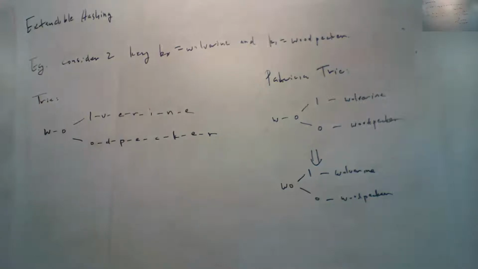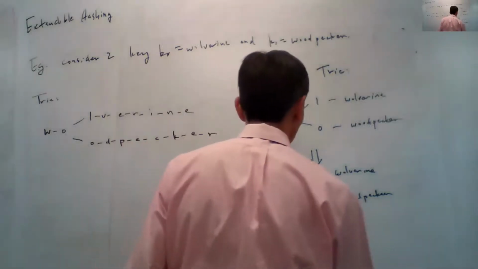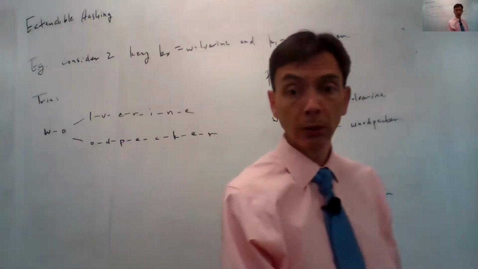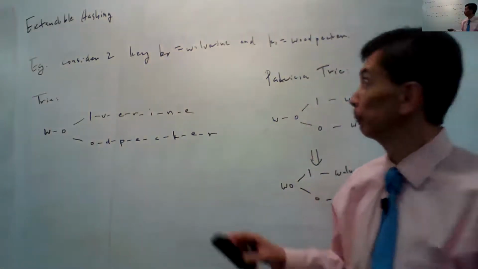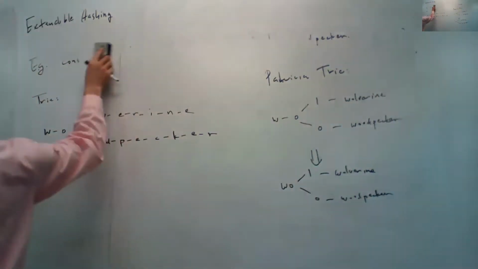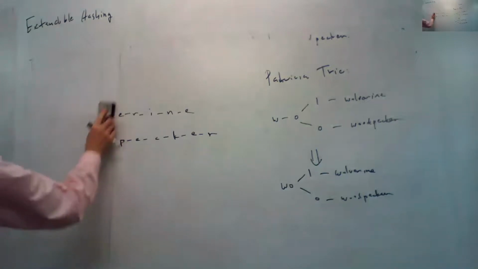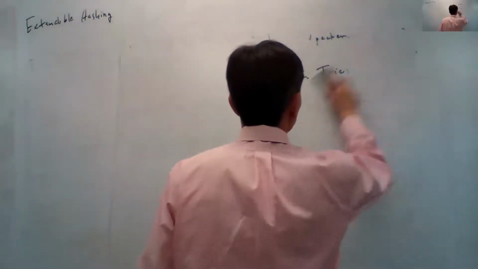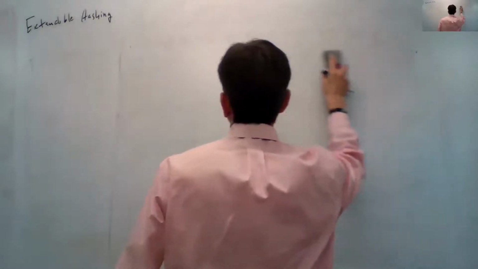All right. So let's look at an example where I put a few more names in. Any questions about this before I erase it? Okay. So what have I got here?